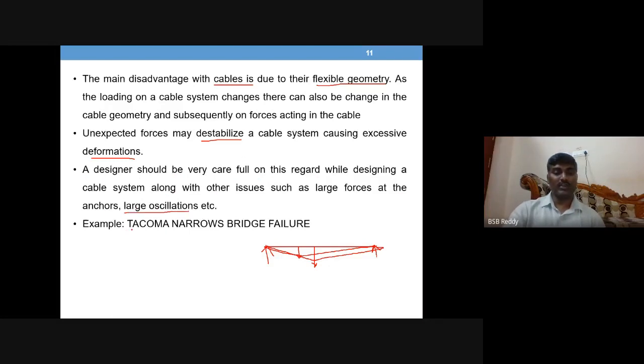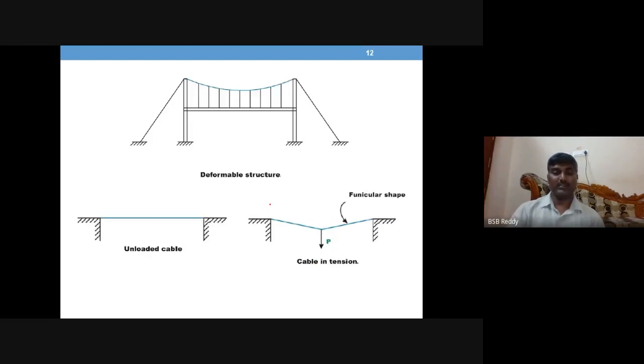You can see this: go to Google, type Tacoma Narrows Bridge failure, and you will see what the difficulty or disadvantage with cable structures is. This explains in a detailed way what happened when you design a cable structure.